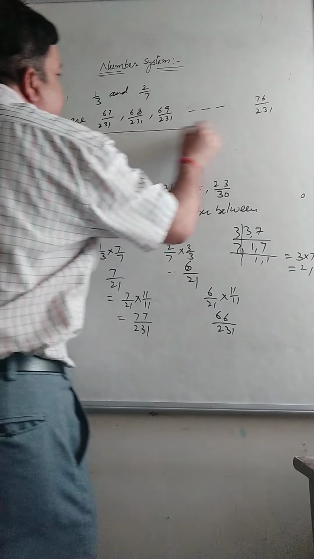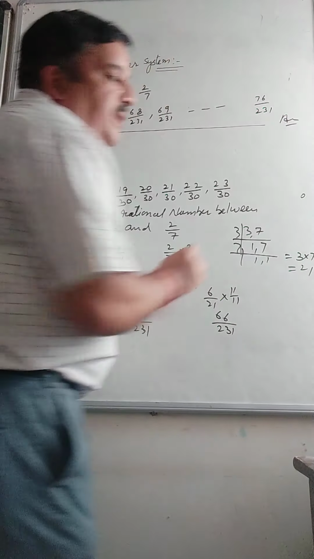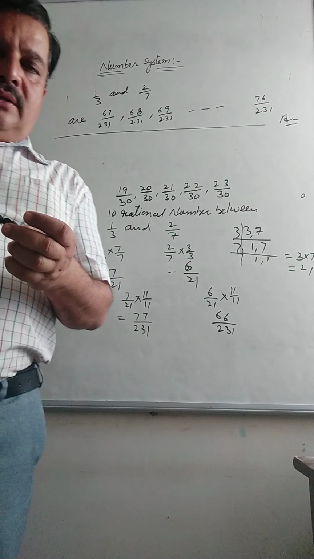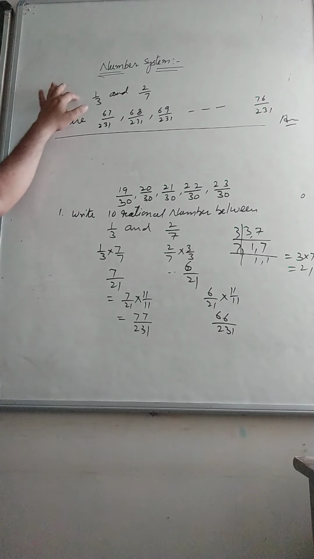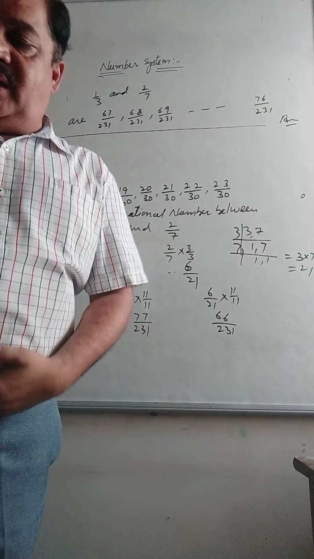So these will be the 10 rational numbers between 1 upon 3 and 2 upon 7.